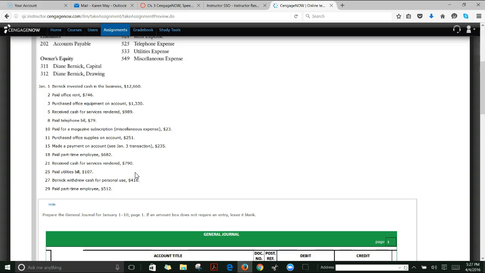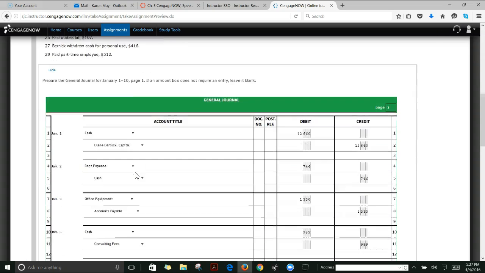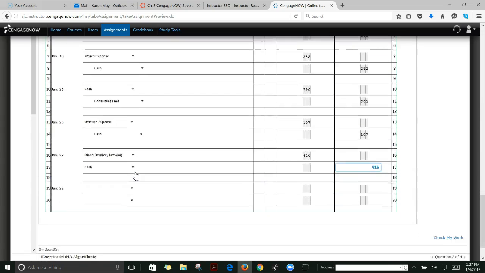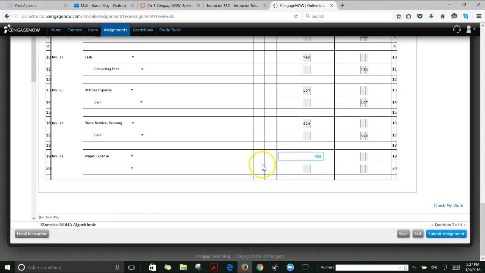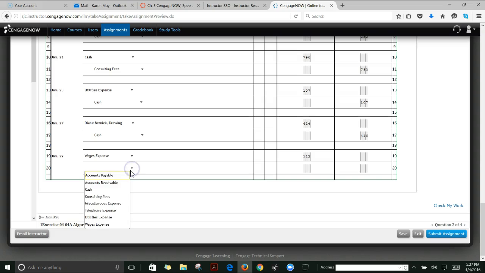Okay, then on the last one, paid part-time employee, $512. Wages expense, $512. And of course cash, $512.